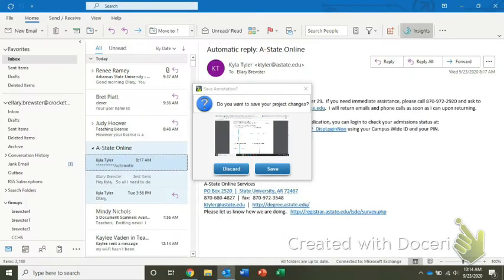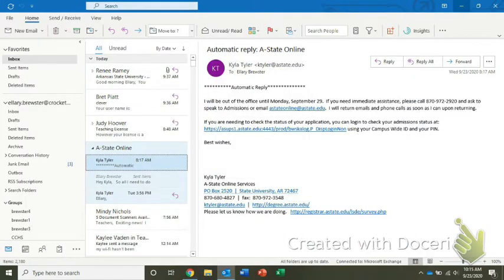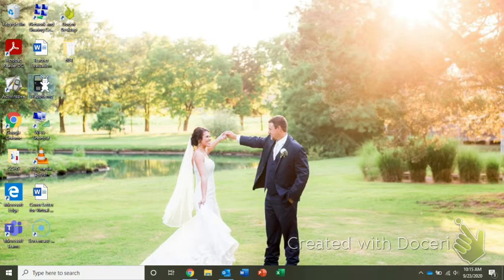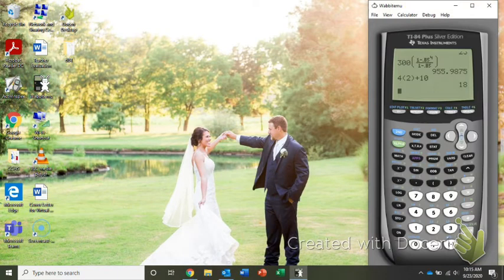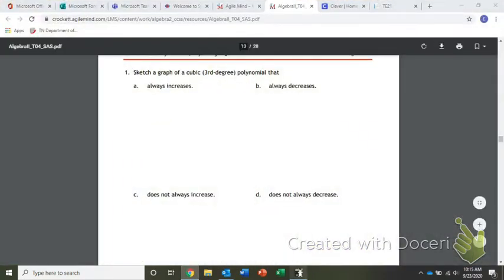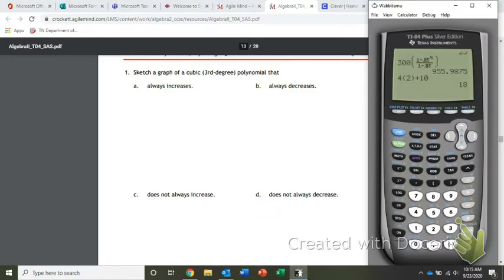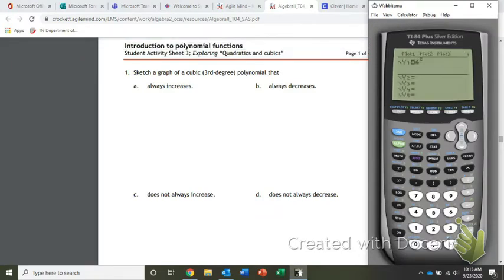Let me pull up our calculator. In our calculator, in our y equals, I'm just going to type in the simplest third-degree polynomial, and that will be x cubed. And then I'm going to hit graph.